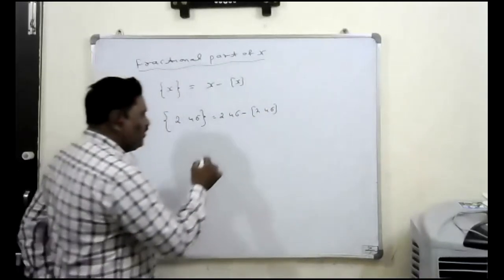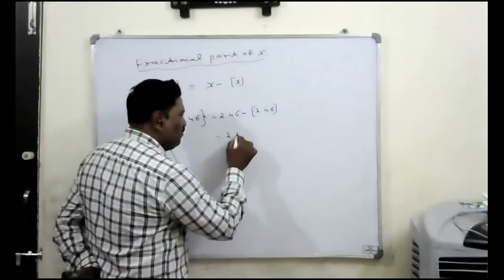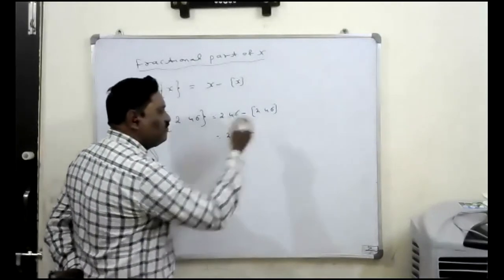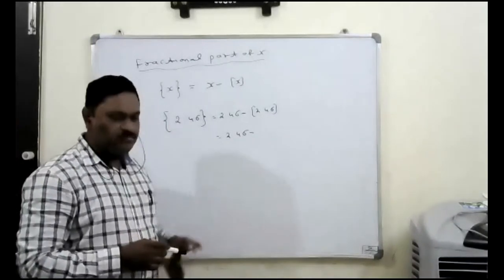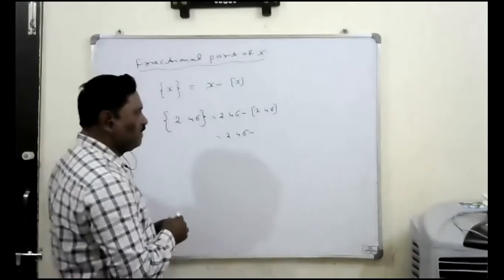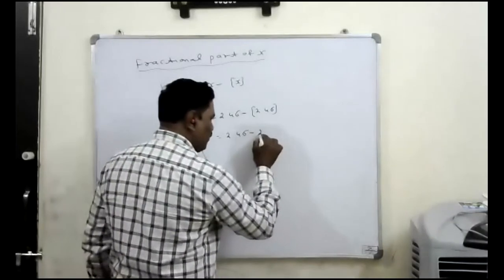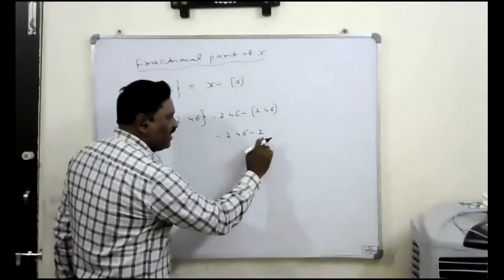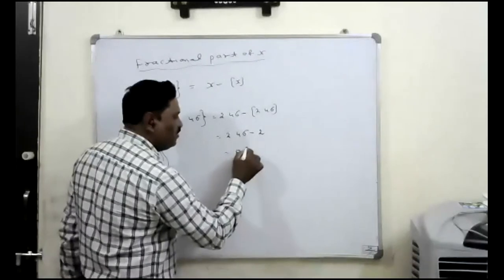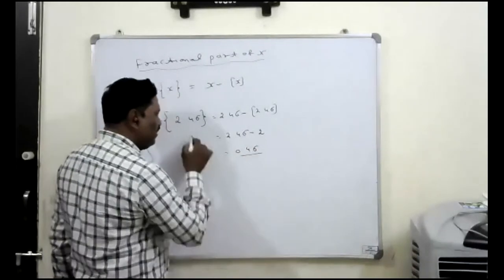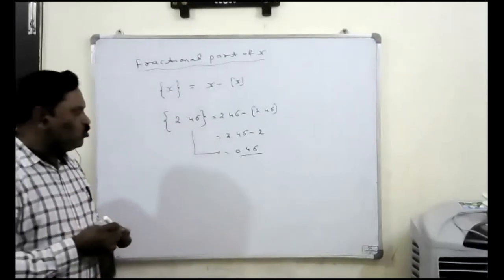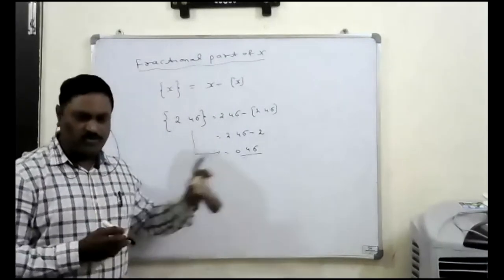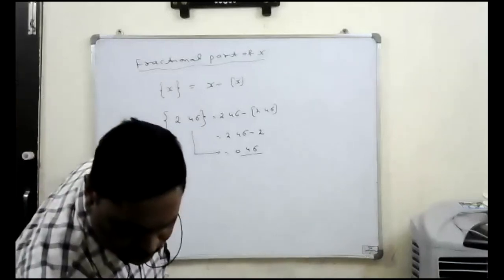So it is 2.46 minus the integral part of 2.46, which is the greatest integral part, 2. 2.46 minus 2 is 0.46. That's why the fractional part of 2.46 is 0.46.